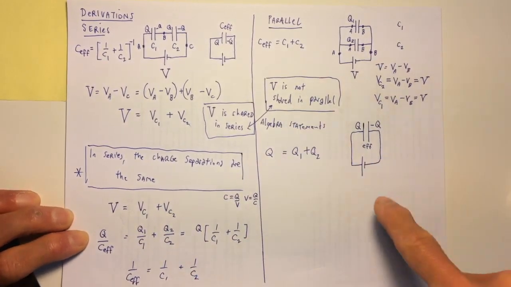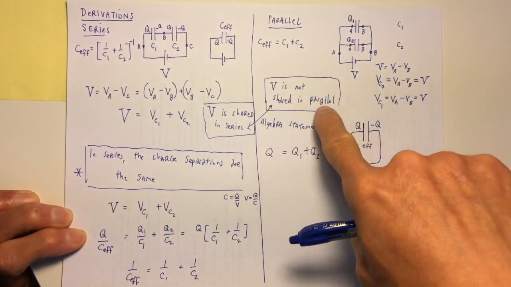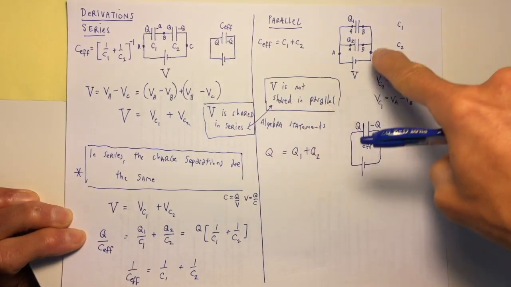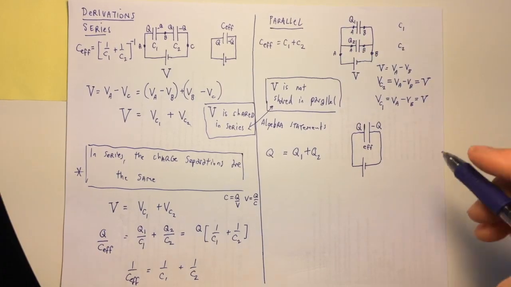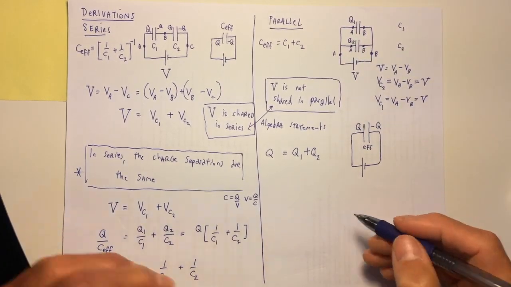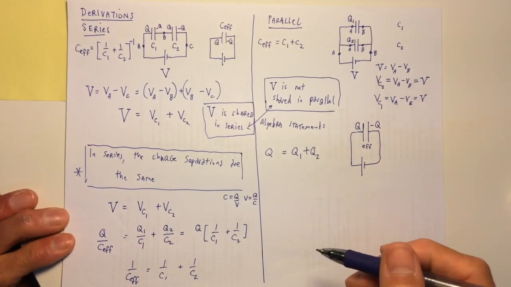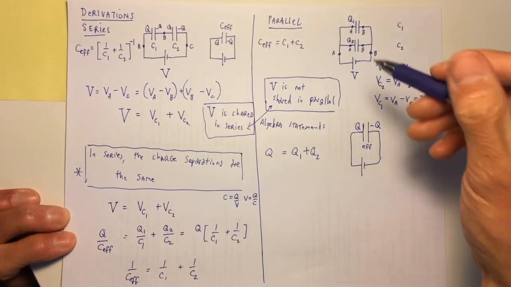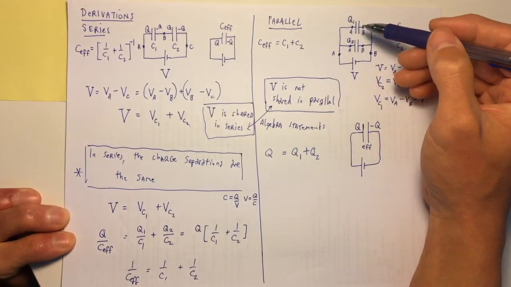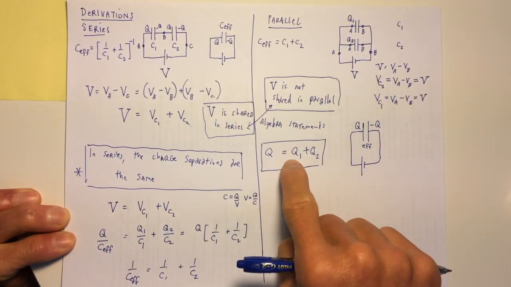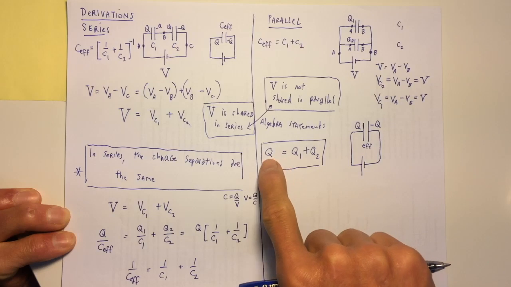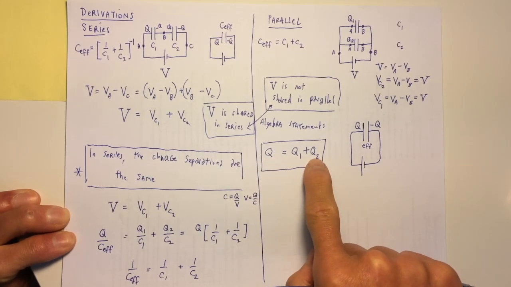So up here, the voltage is not shared in parallel. Actually, the voltages are all the same. So if I go down here and I say, since the voltages are all the same, what else can I say? Well, instead, I'm going to use this as my algebra statement, that this is a conservation of charge statement, actually.